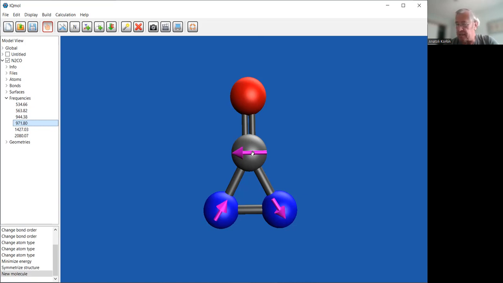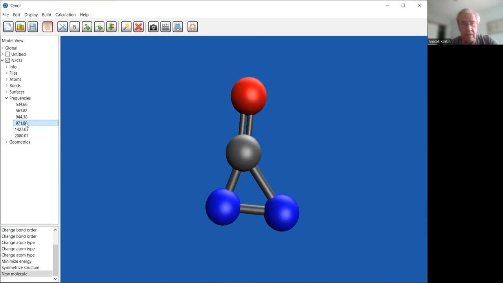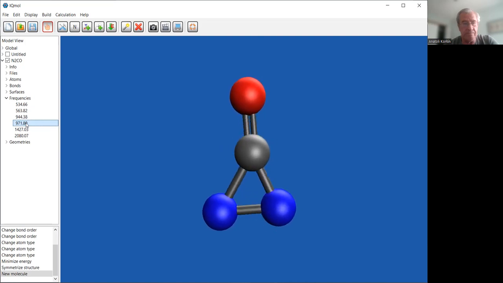It's symmetrical with regard to reflection in plane, but anti-symmetrical with regard to rotation along the two-fold axis, and also anti-symmetric with regard to the plane perpendicular to the molecule. And we can see what it is. It's just shaking like this, almost like a dance.